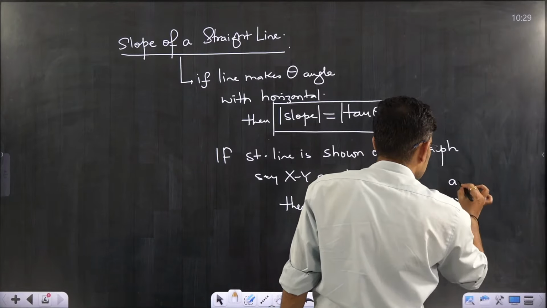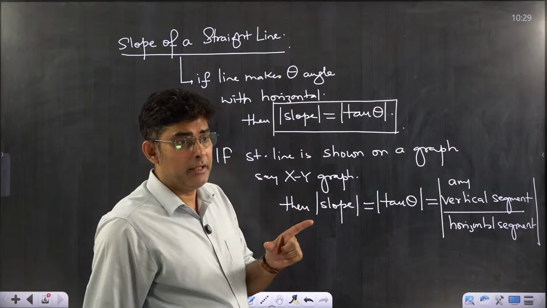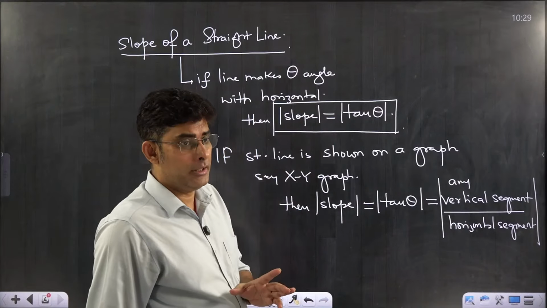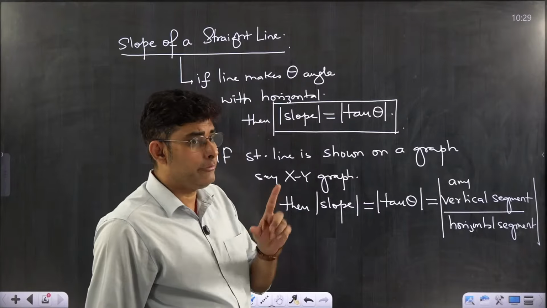Any vertical segment of the graph divided by horizontal segment. So you just have to see any vertical segment and divide by the horizontal segment. Listen carefully. If you listen, you will be able to understand things. I can assure you of that.